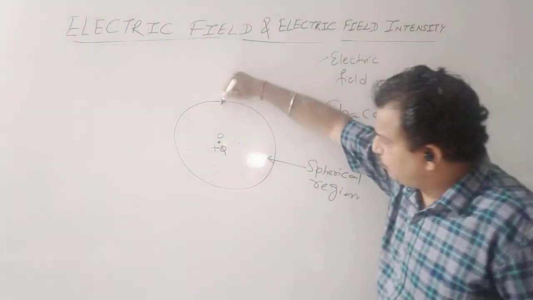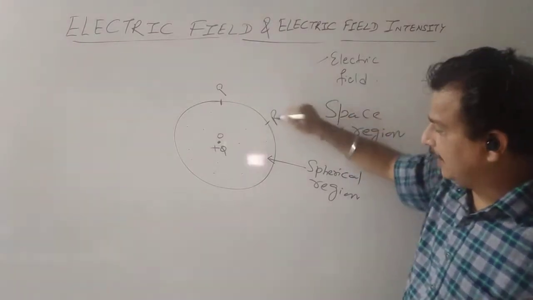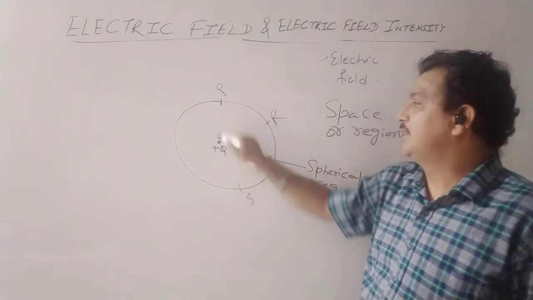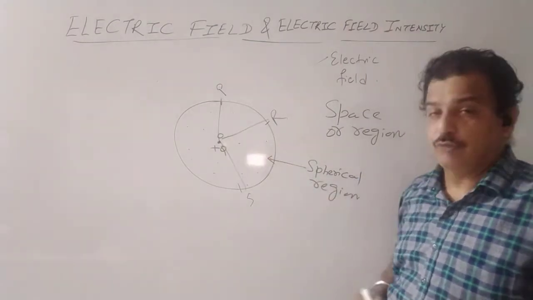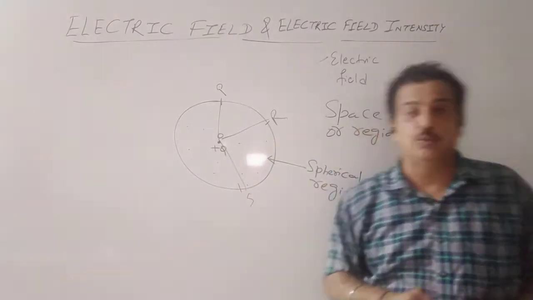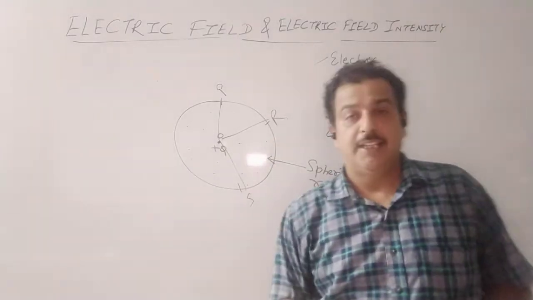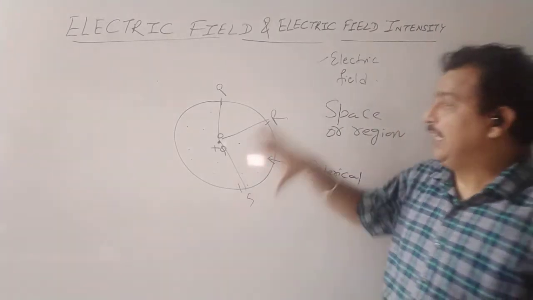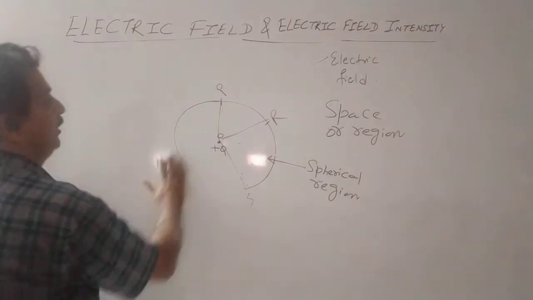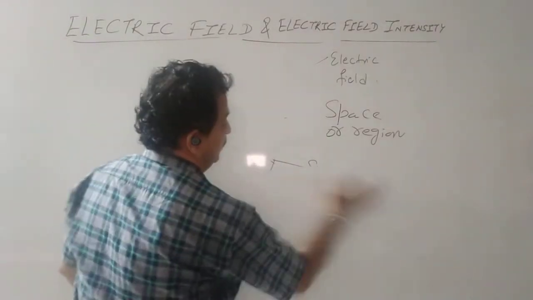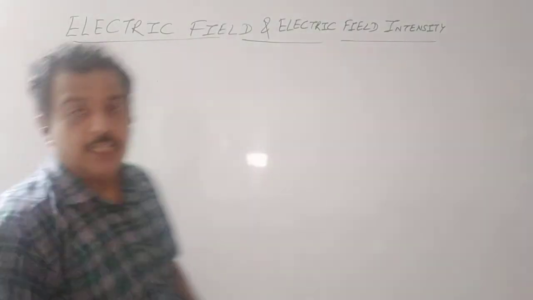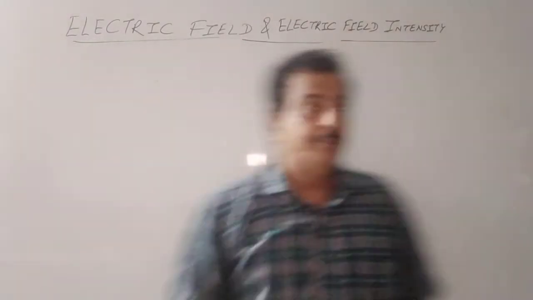Now, take this point P, say point R, say point S. If it is a sphere, this becomes the radius of the sphere. So for all the points at an equal distance from plus Q, the force of interaction is the same. So electric field can be defined in a simple way as a space or region where the effect of any charge is prevailing.